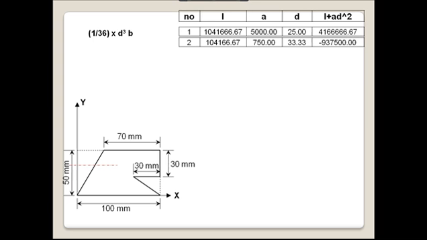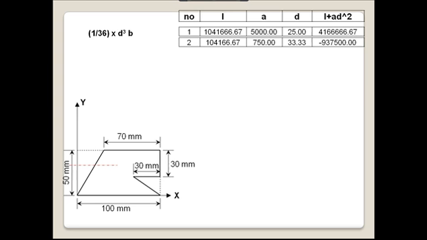The red dotted line is the centroidal x-axis of this triangle, and the value under I, 104,166.67, is the moment of inertia of this triangle about this red axis. Under area, we write the area of the triangle, base into height by 2, that is 30 into 50 by 2, that is 750. And then under D, we have written the number 33.33.